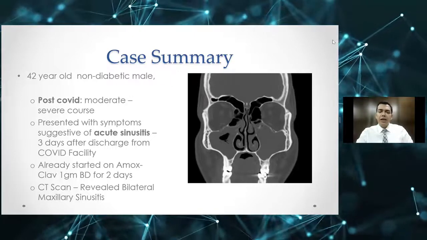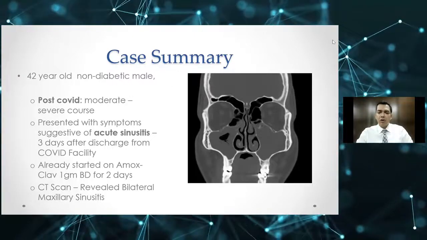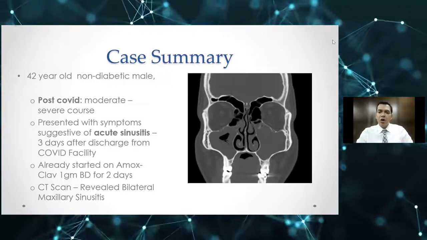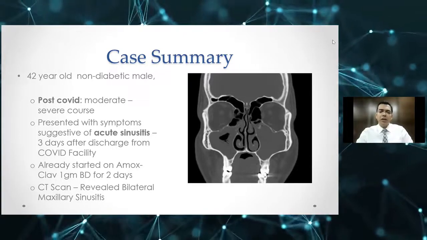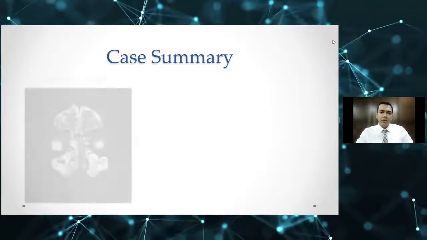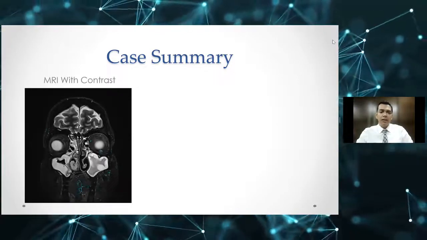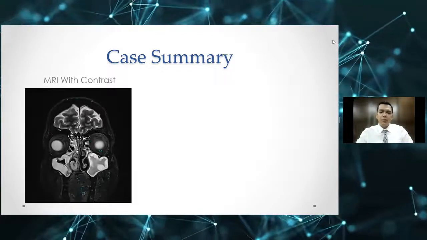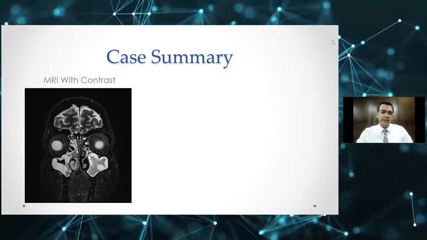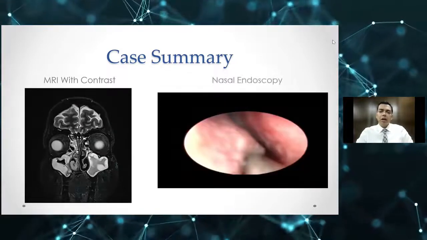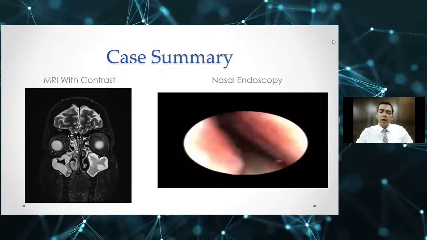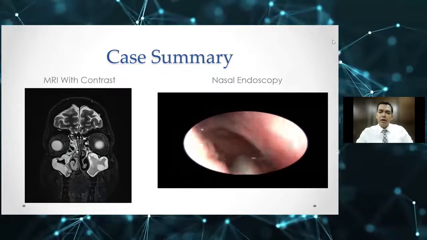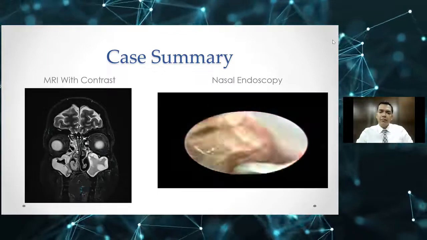However, on the CT scan we could not find any evidence initially of bony involvement. Even clinically, and on the MRI, there wasn't much extra-sinus involvement. Nasal endoscopy showed a boggy mucosa all the way to the nasopharynx.